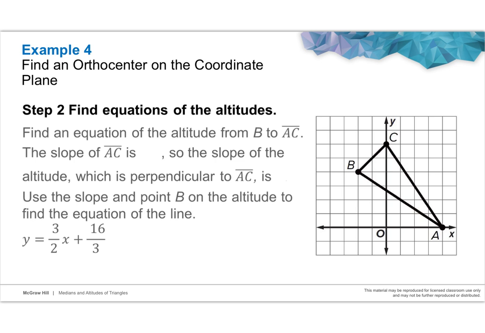So the first altitude we're going to work with is the altitude from B over to side AC. In order to do this, we first need to know the slope of side AC. So we can see from C over to A, we have a run of 4 and a rise of -6. So -6/4 simplified gives me a slope of -3/2.